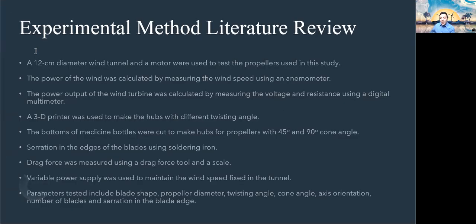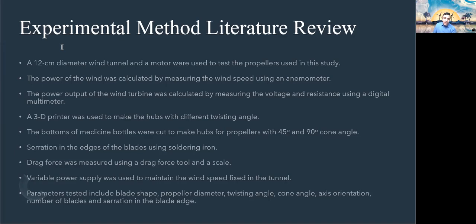So let's talk about my experimental method, literature reviews from my previous year. This is how I have done it. I used a wind tunnel and a motor to test my blades, and the power of the wind was calculated by measuring the wind speed using an anemometer. The power output was calculated by measuring the voltage and resistance.